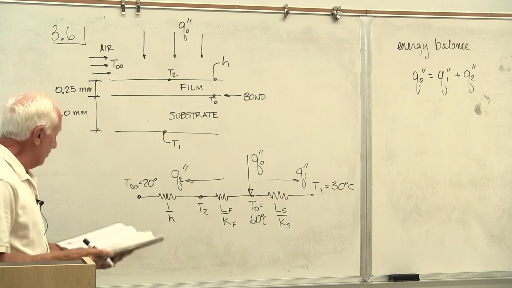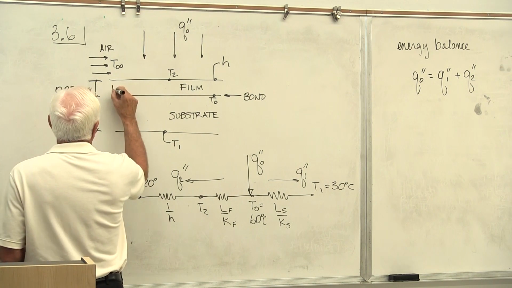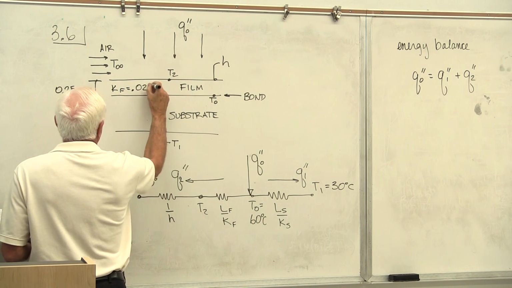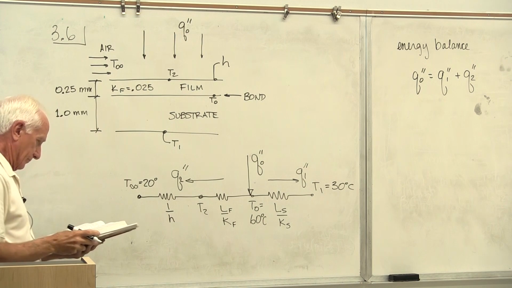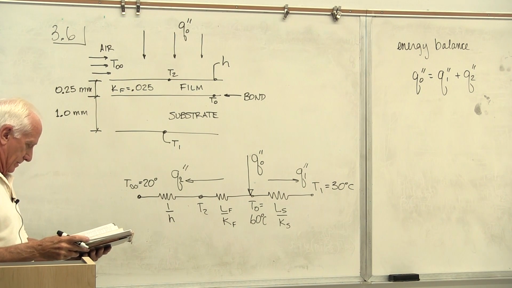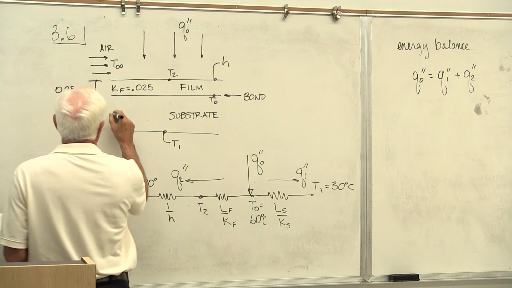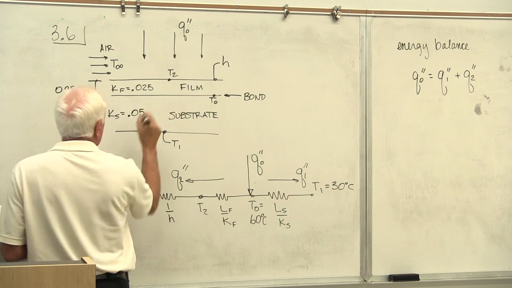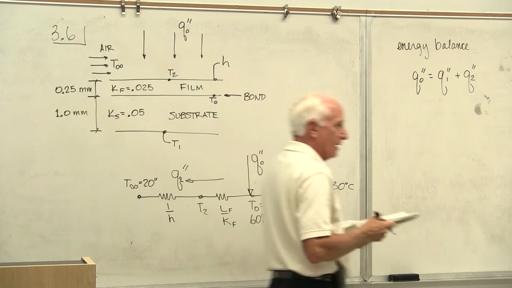K of the film, 0.025 watts per meter degree C. K of the substrate, 0.05. Okay, got him. All right, now we're ready to go.